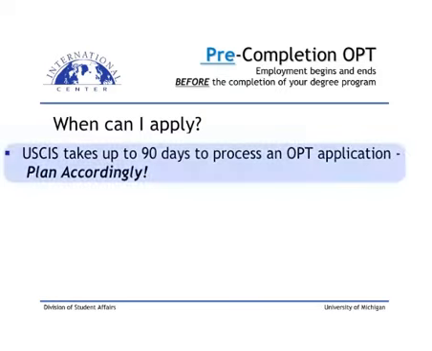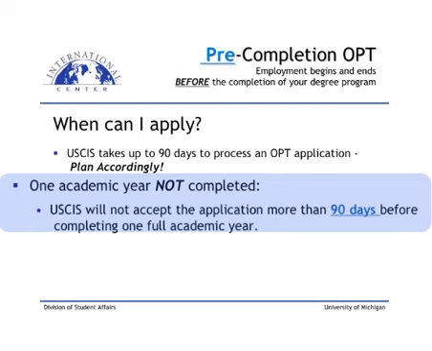If you have not yet completed 1 academic year, which means 2 consecutive semesters of full-time enrollment, your application cannot be received by USCIS more than 90 days before the last day of your 2nd semester of full-time enrollment.